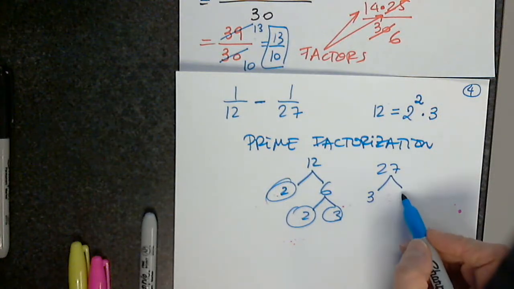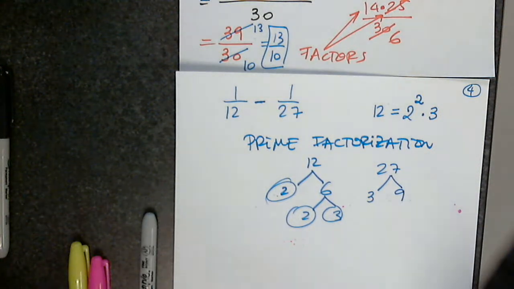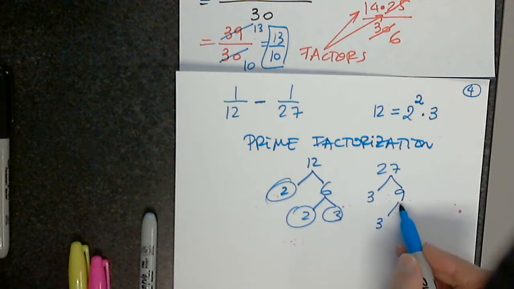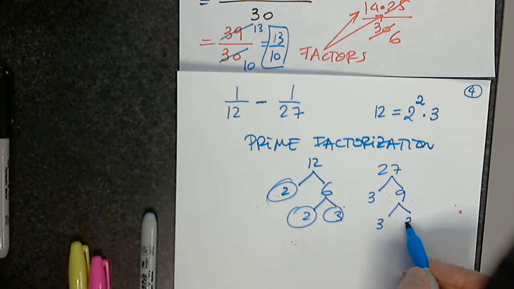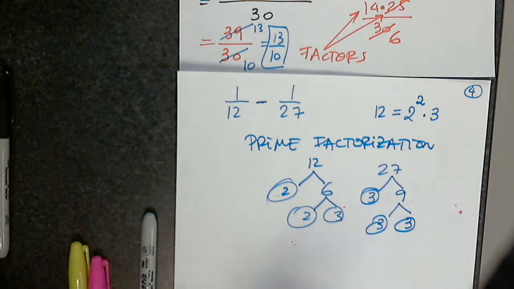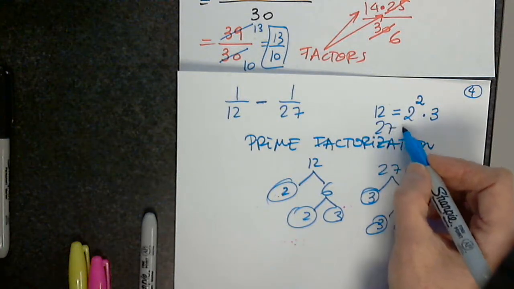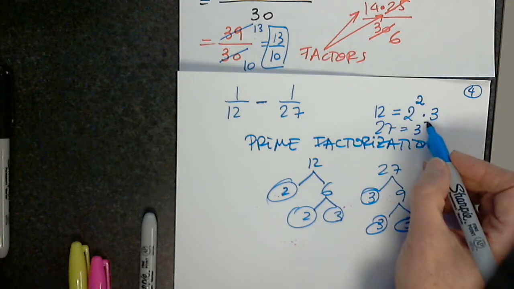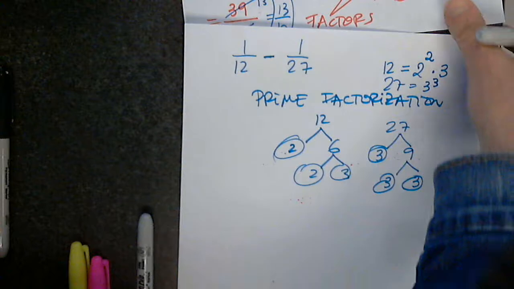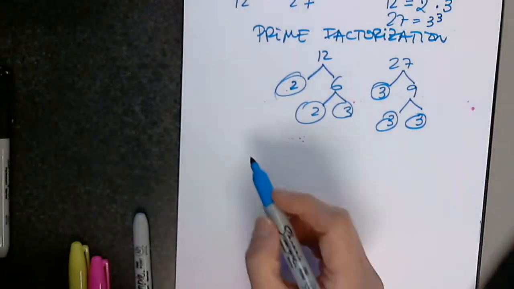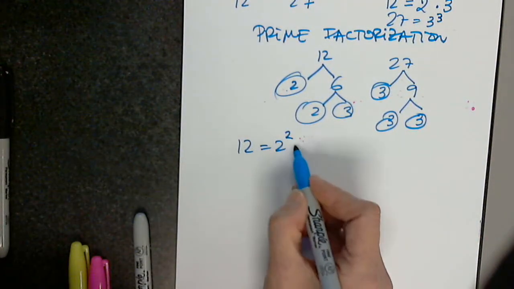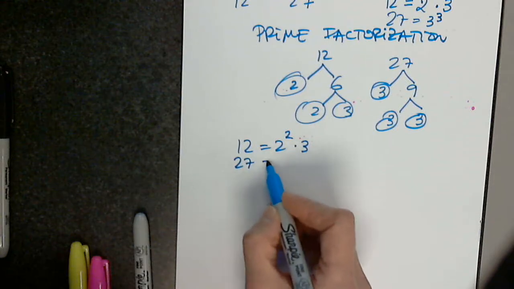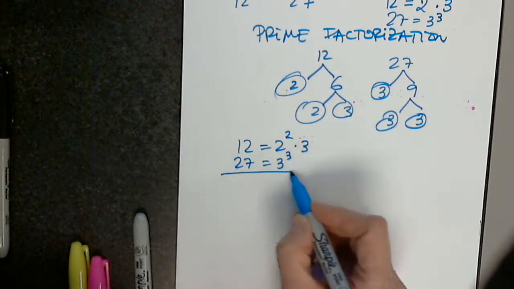So then the answer is 9. Now I know 9 is divisible by 3, and what is left? 3. So the ends are all prime numbers. So then 27 is 3 to the third. So I have 12, which is 2 squared times 3, and 27, which is 3 to the third.